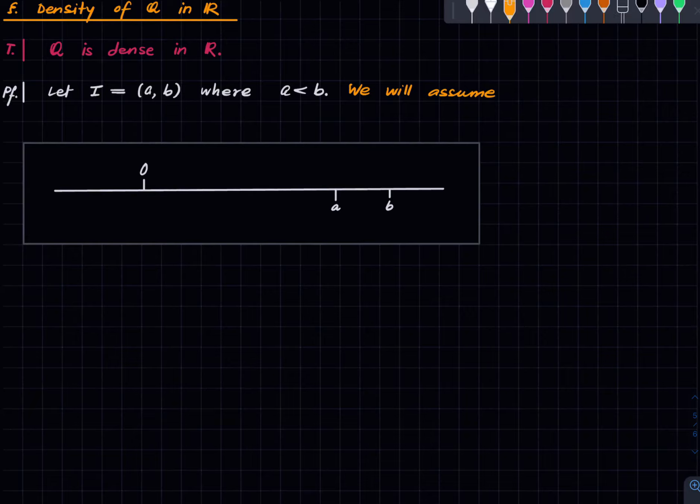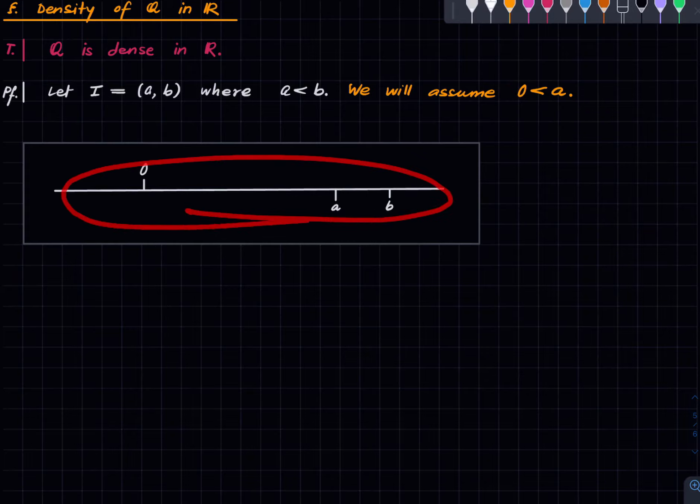We will assume this, but of course this is not necessary. So the case where a might be less than 0 and b might be less than 0, or all the other cases, they are left as an exercise. We will just exhibit the proof in this particular case, just so that our exposition is clear. No new difficulty will arise in those other cases where a may be negative, etc.